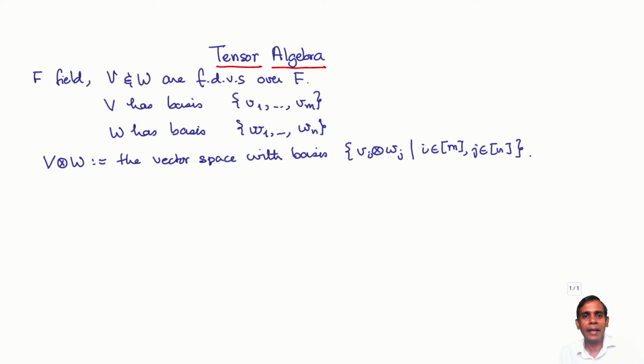So if V is an m-dimensional vector space and W is an n-dimensional vector space, then by definition V tensor W is an m times n dimensional vector space.